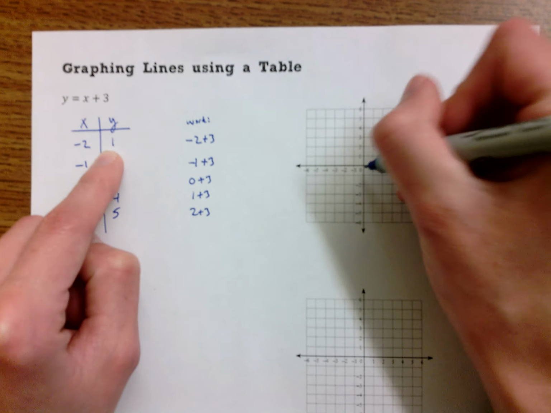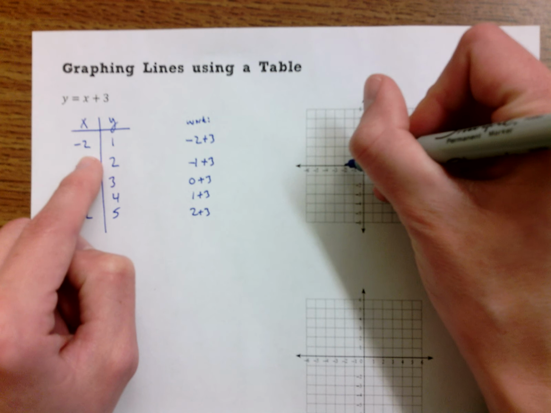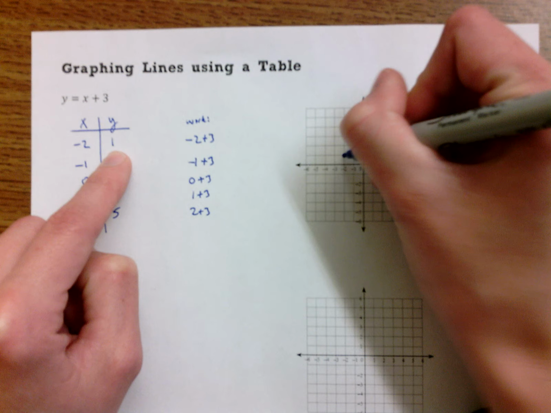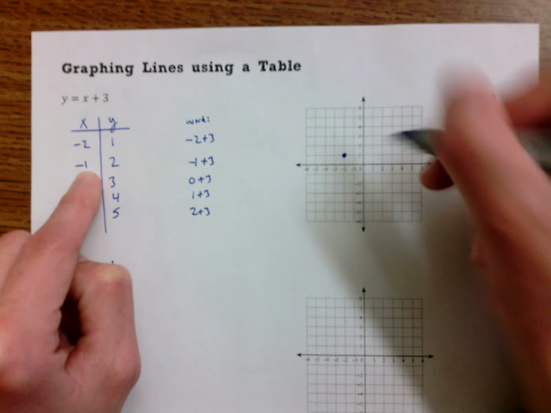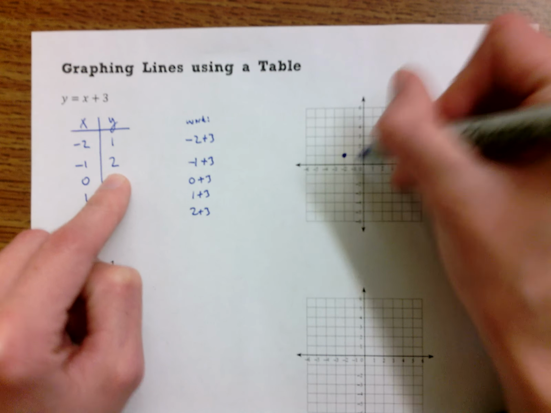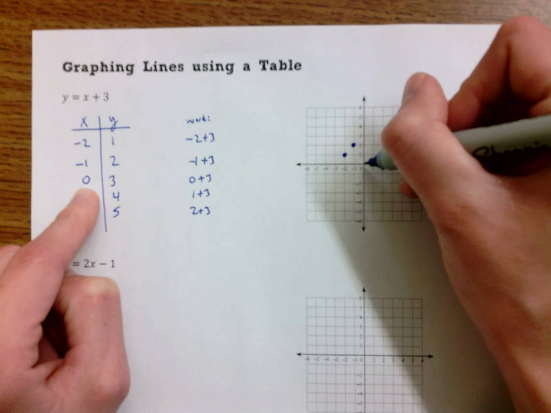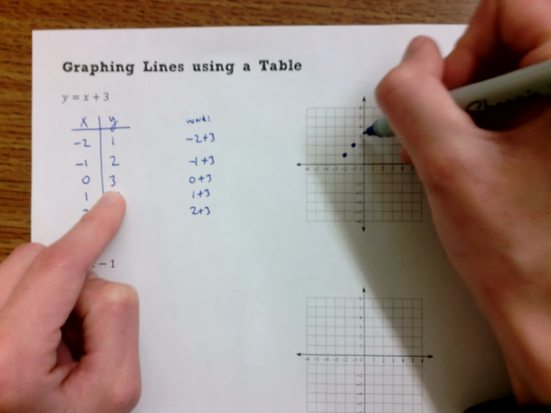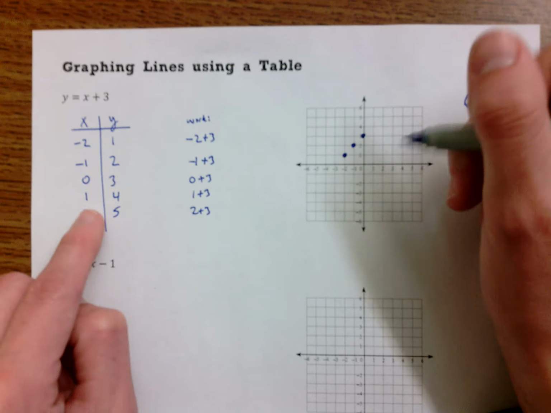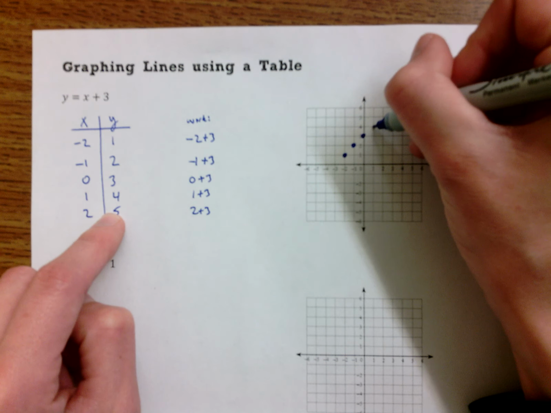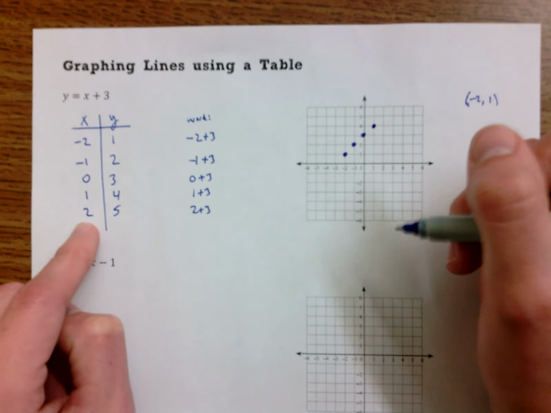From 0, 0, my origin, I'm going to run to -2 and jump to 1. Next point, from my origin, I run to -1, jump to 2. Next one, I run to 0, so I'm not running anywhere, and then I jump to 3. Then I'm going to run to 1 and jump to 4. And then I'm going to run to 2 and jump to 5.